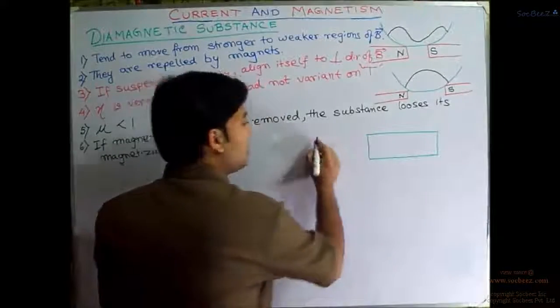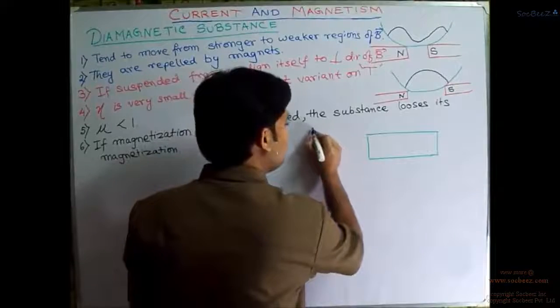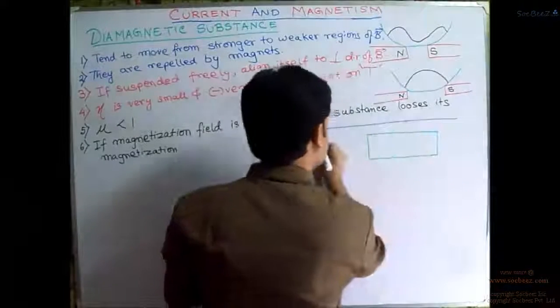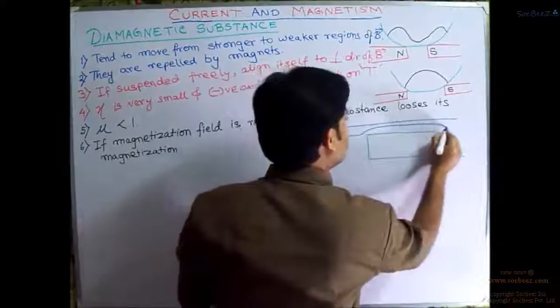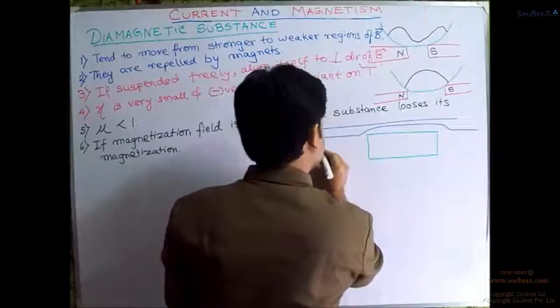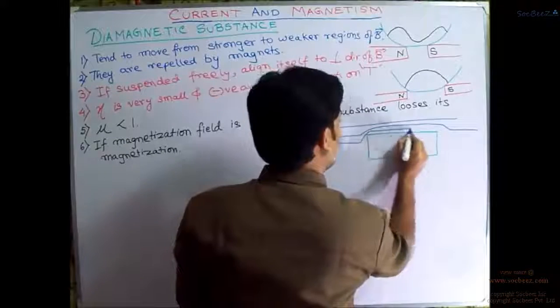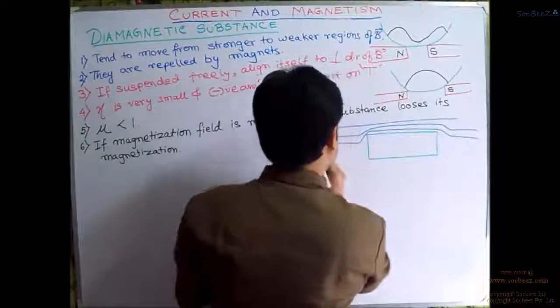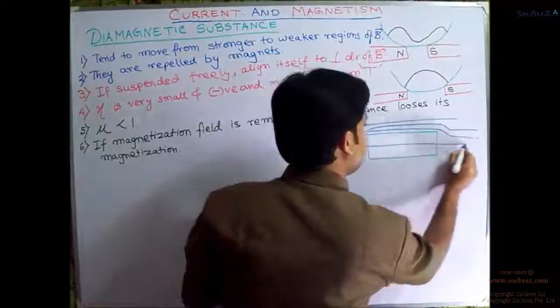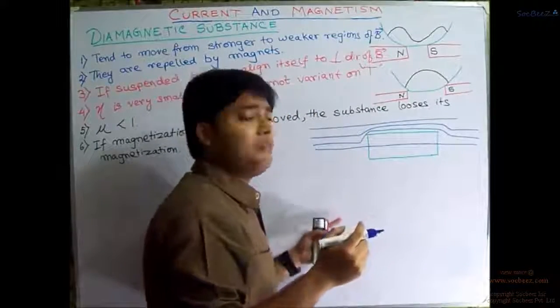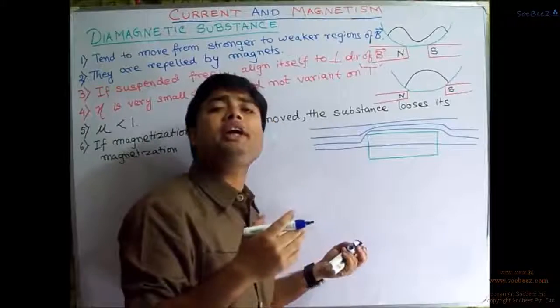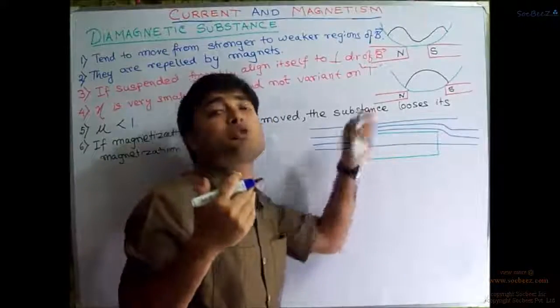So the diagram shall look like this. Obviously some magnetic lines of force will pass through, but the majority will tend to pass through the surroundings.